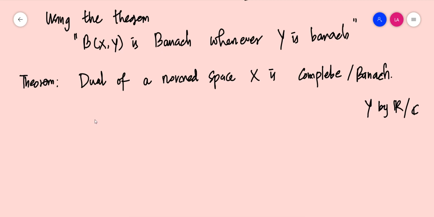But it is not easy to understand them, since the dual consists of the linear functionals which are defined on capital X. We cannot find all linear functionals explicitly and understand them structurally. But another way is to find a space which is similar or isomorphic to the dual and identify with that.